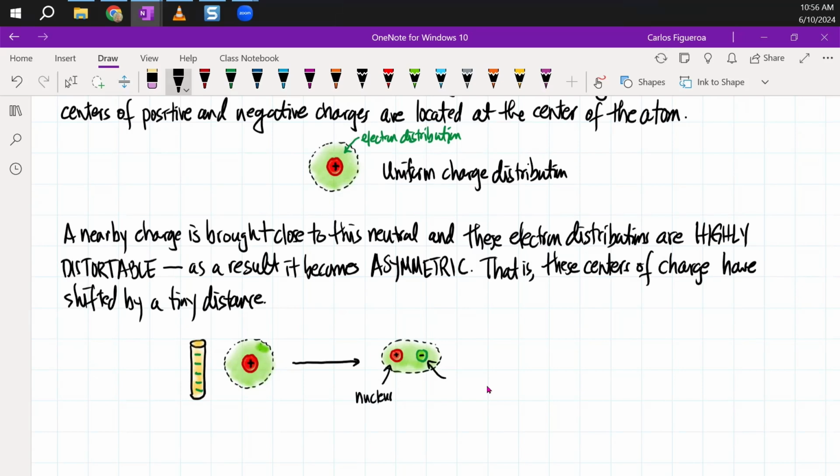And right here is the highest probability of locating the electron. Because of this, it's not uniform. This is a non-uniform charge distribution.